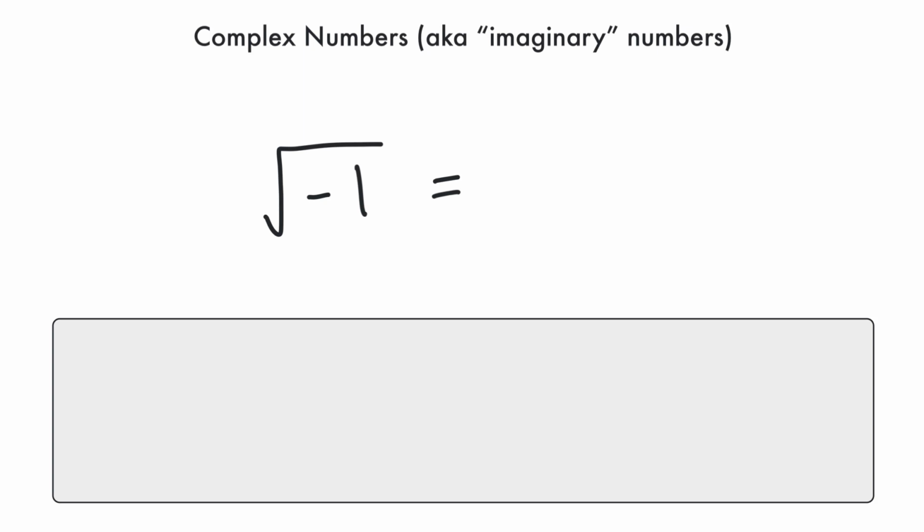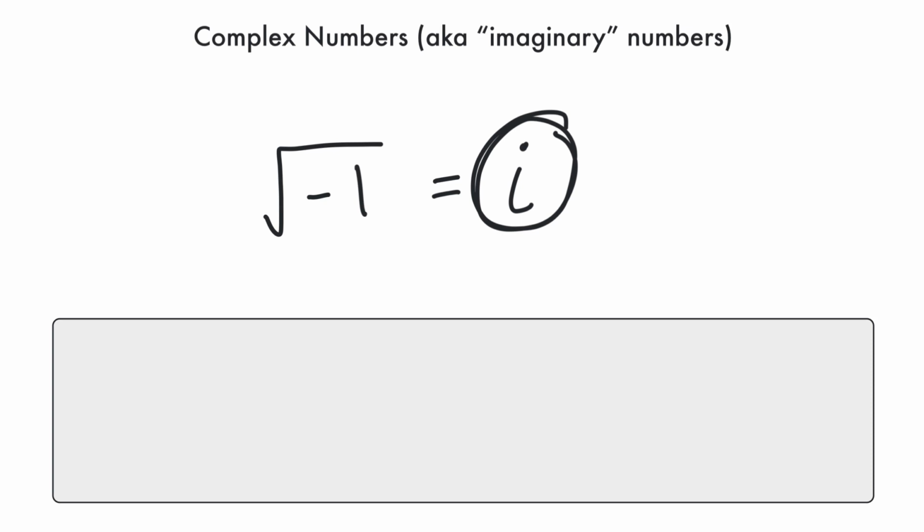These values, they do exist. It's just complicated. The square root of negative 1 is the most basic, fundamental, complex number, and we have a symbol for it. That symbol is i. This is what we're going to be using to represent the complex number.